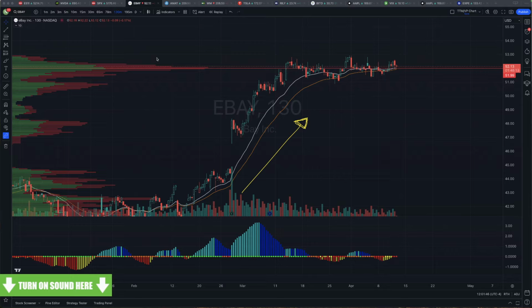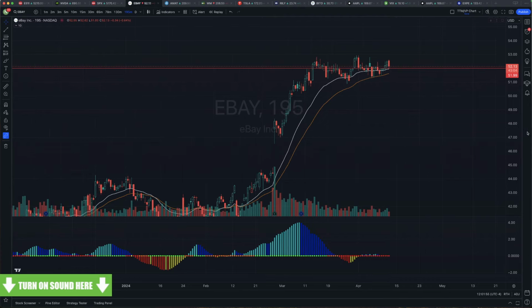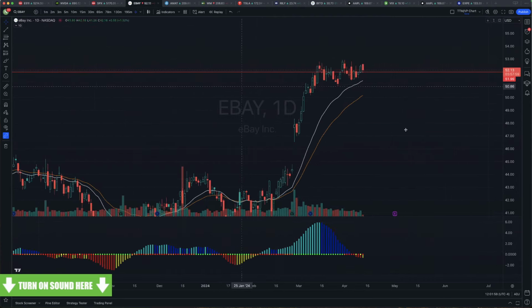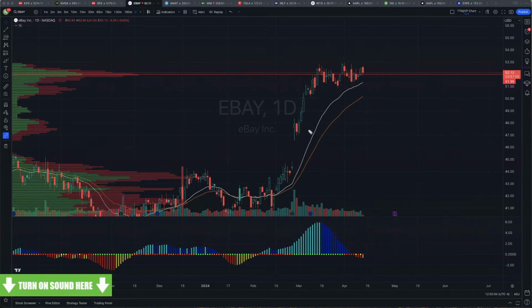We're looking for a pattern, and I chose this eBay because it's in a nice pattern on the 195. It's even pretty good on the daily here. Okay, so we're looking for a pattern that kind of looks like a woodpecker.